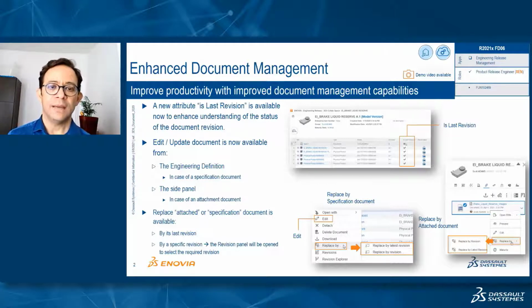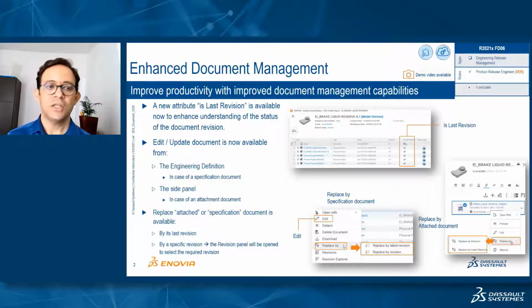We can also directly update and edit the documents from within the widget. So this could be a document that is attached as a specification, so it is visible directly from within the widget, or it could be an attachment which is available from the panel of the engineering item, and that will be an attached document.